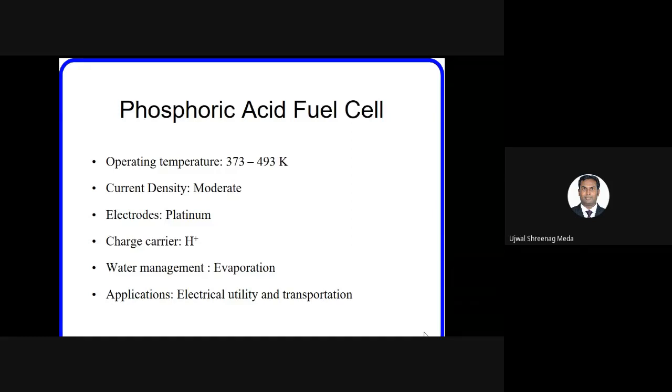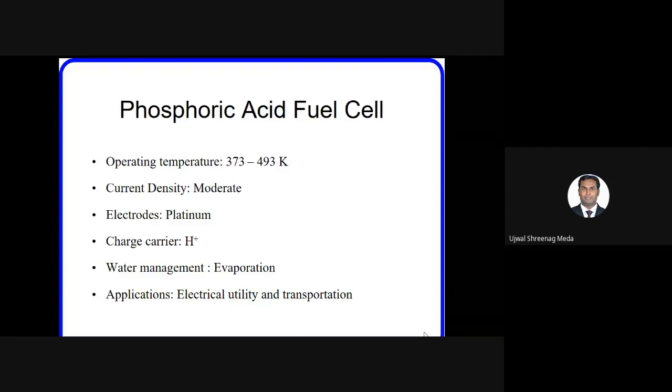That is sulfuric acid. Comparatively, there are many advantages of using phosphoric acid, and we are going to learn that soon. Coming to the operating temperature, the range is 373 to 493 Kelvin, and it is considered a medium temperature fuel cell.